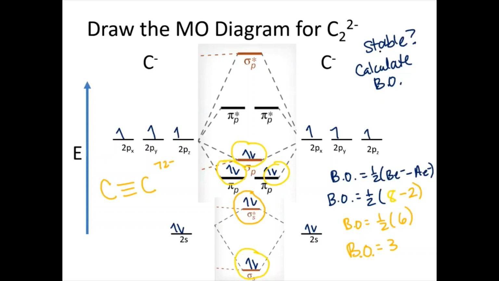And so is this carbide stable? Well, it has a triple bond in it, so it's actually very stable, right? So again, if I look at this, all my electrons have paired, so this is a diamagnetic compound.